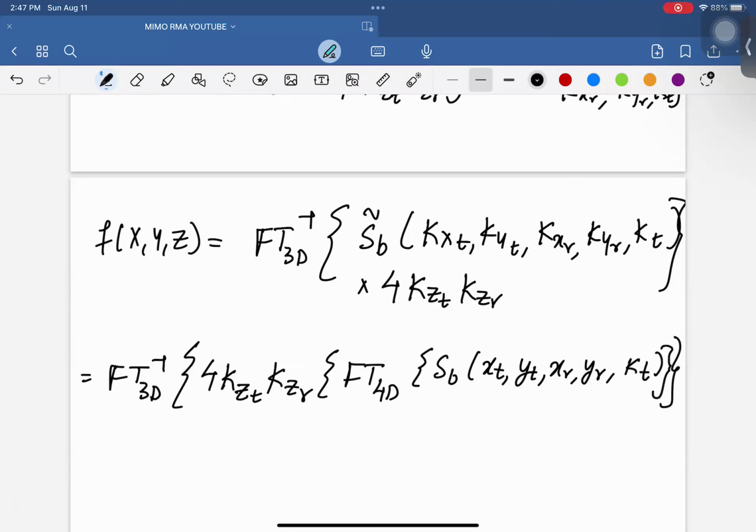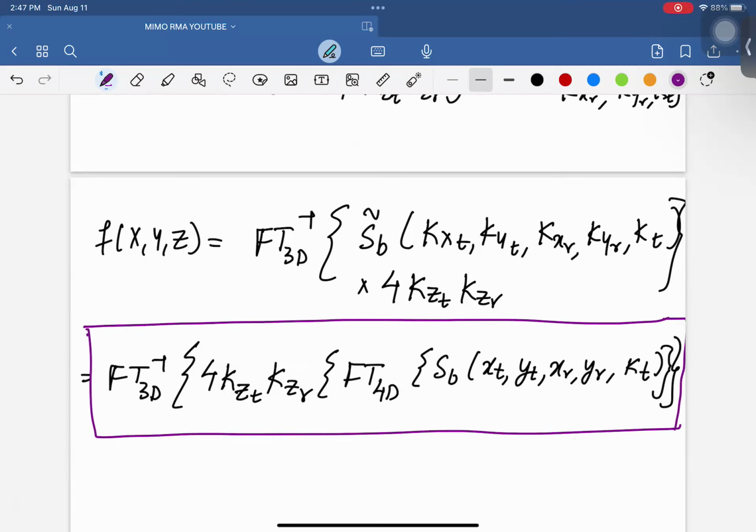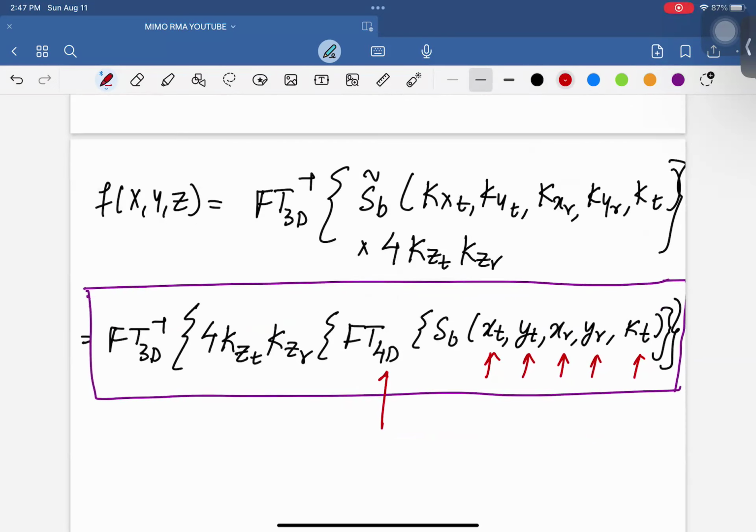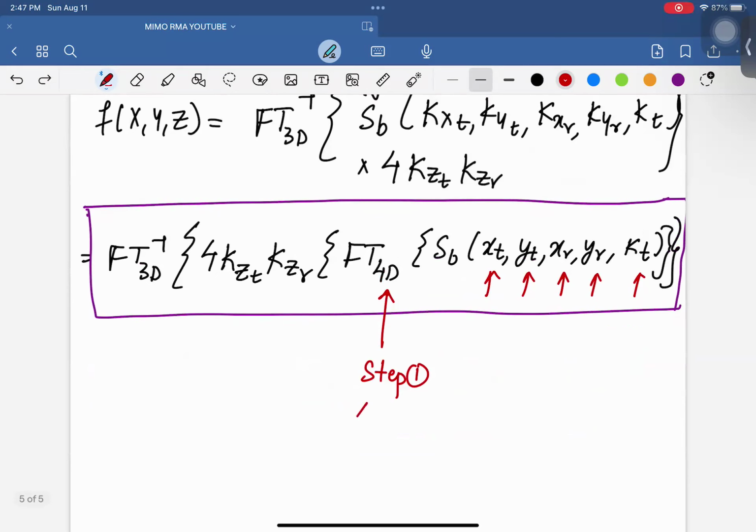So this is the final range migration reconstruction. We start with our measured signal SB at these locations, xt, yt, xr, yr, and these time periods, the IF time domain signal, that is. Step 1 is a 4D Fourier transform.